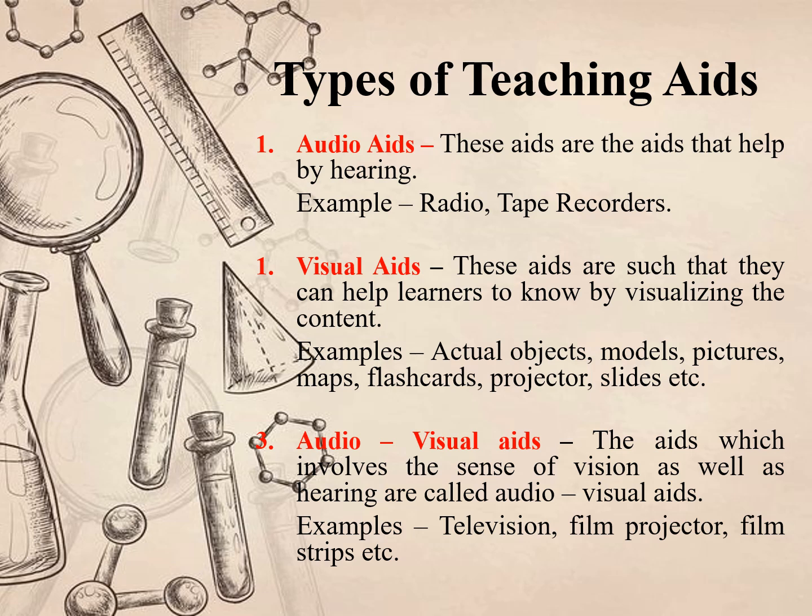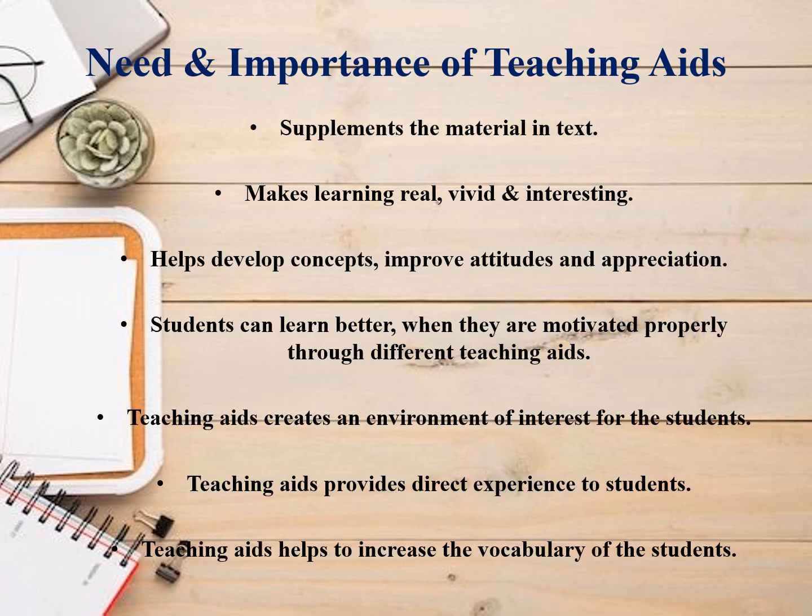Visual aids help the learner to know by visualizing the content. Example, actual real objects, models, pictures, maps, flashcards, projector, slides, etc. Audio visual aids involve the sense of vision as well as hearing. Example, television, film projector, film strips, etc.